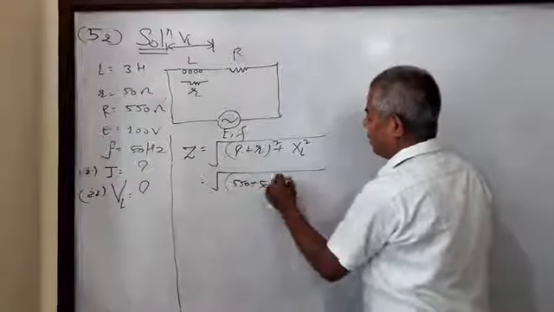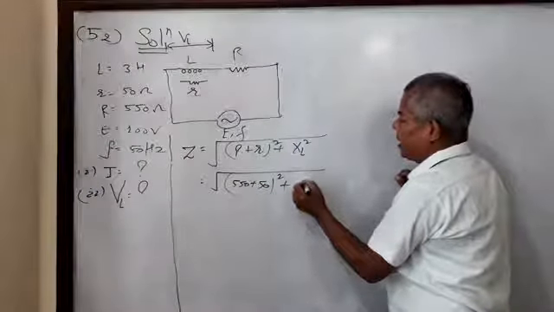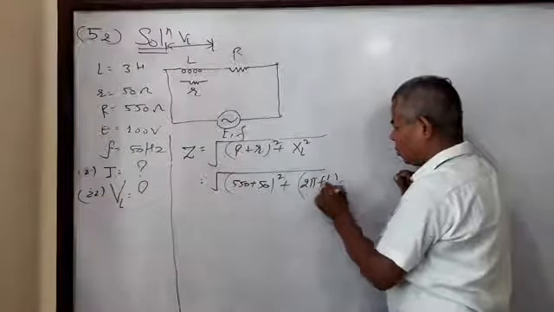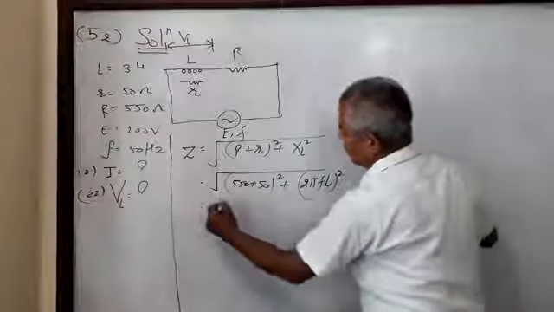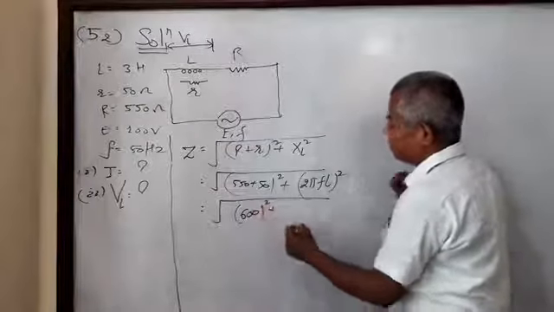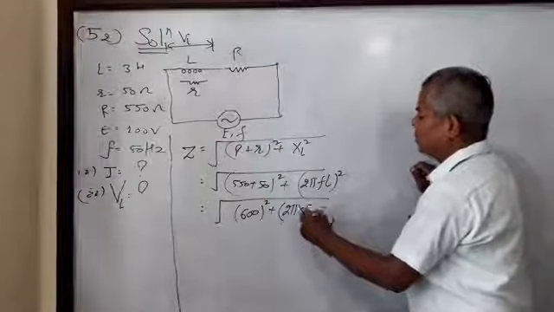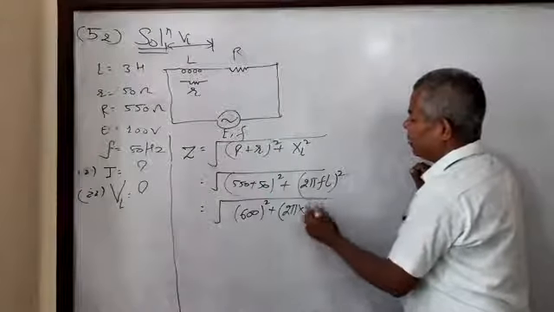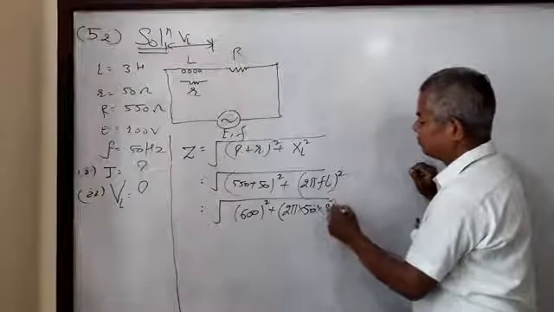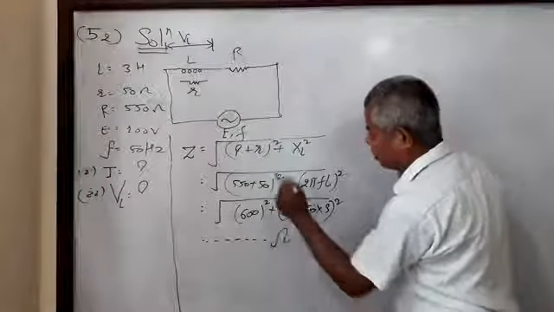Then (R plus r) whole square, and XL has value omega L, and omega is replaced by 2 pi F. So this is 600 whole square plus (2 into pi into F into L) whole square. F has value 50 hertz and L has value 3 Henry. Evaluate the value of Z, that is in ohm.